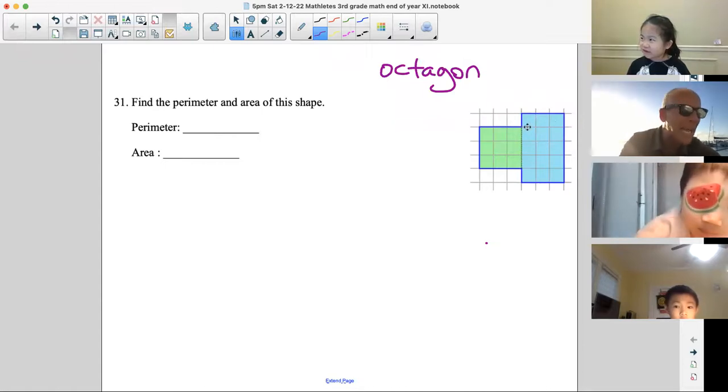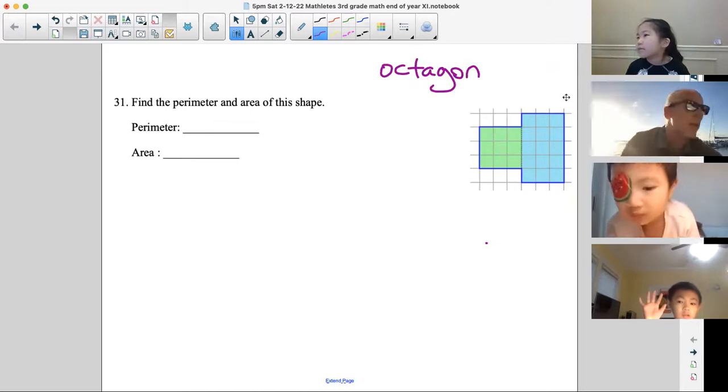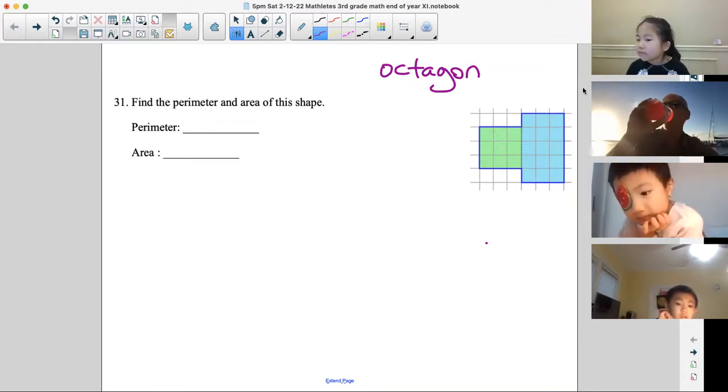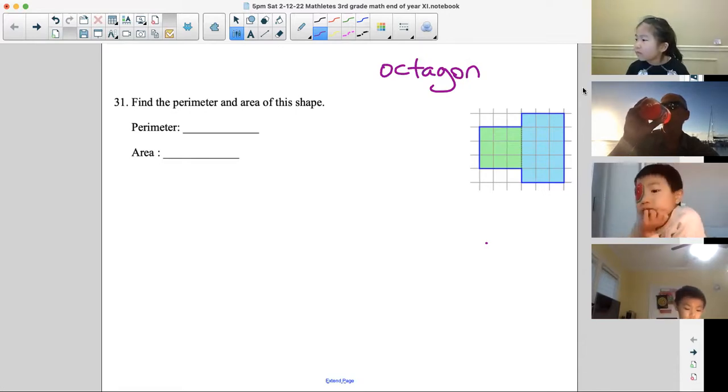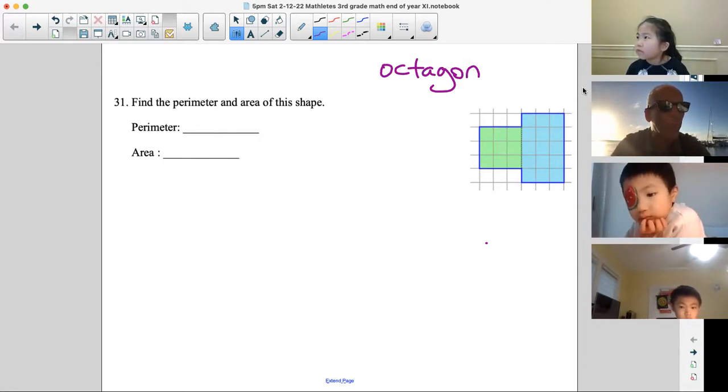Who can explain to me? Don't tell me what the perimeter is. Explain what perimeter means. You can just speak if you want to, if you know what perimeter means.